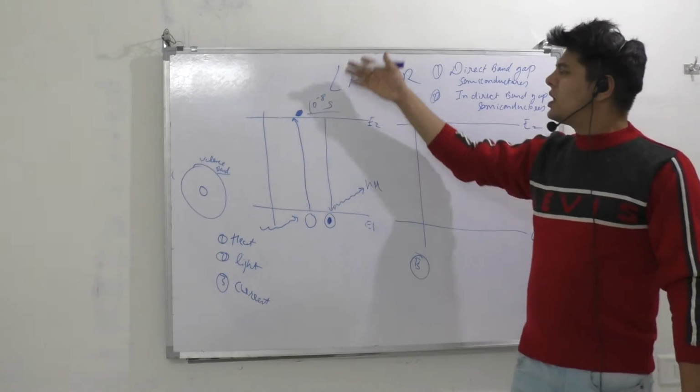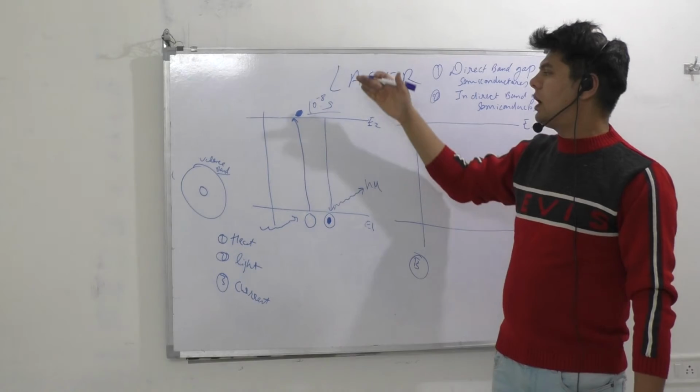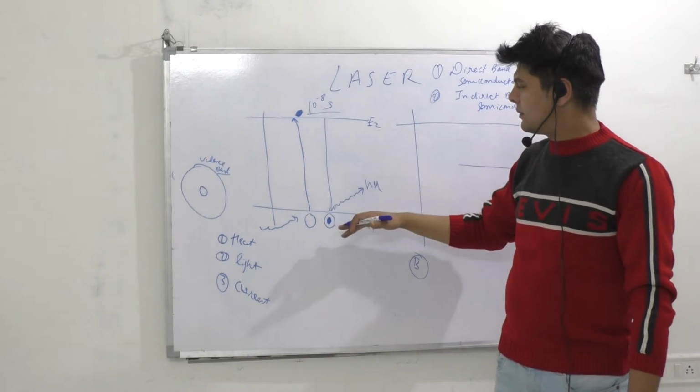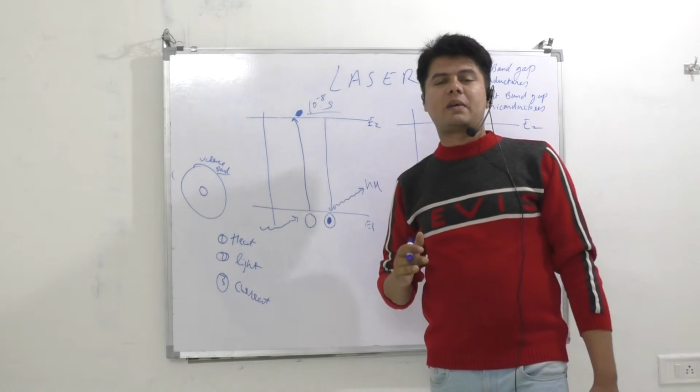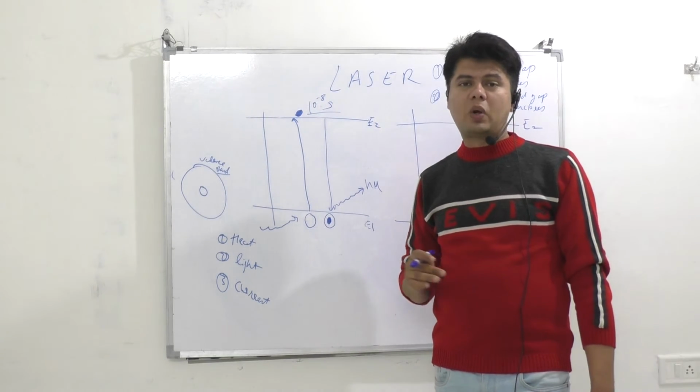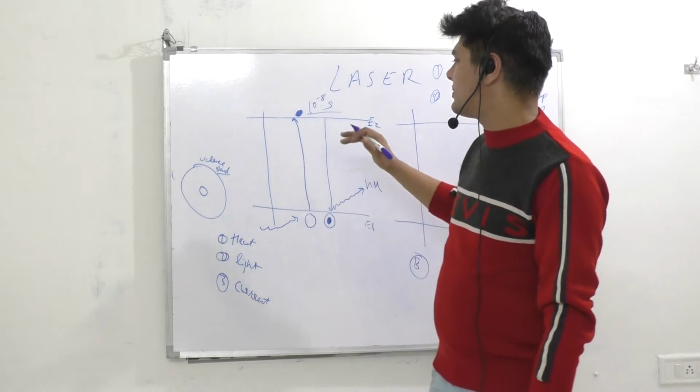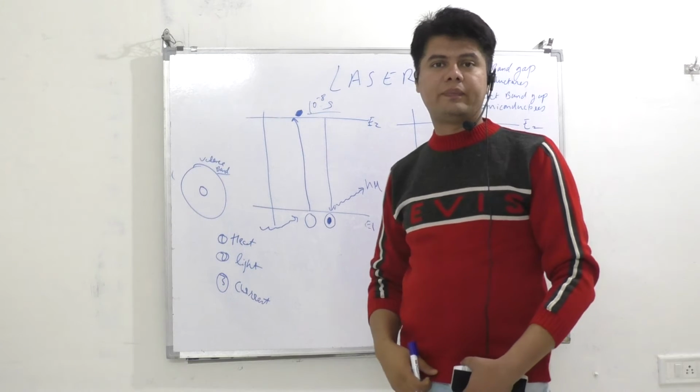Whenever electrons directly fall down from the higher energy state to the lower energy state, this is called a direct band gap semiconductor, because there is no metastable state available.